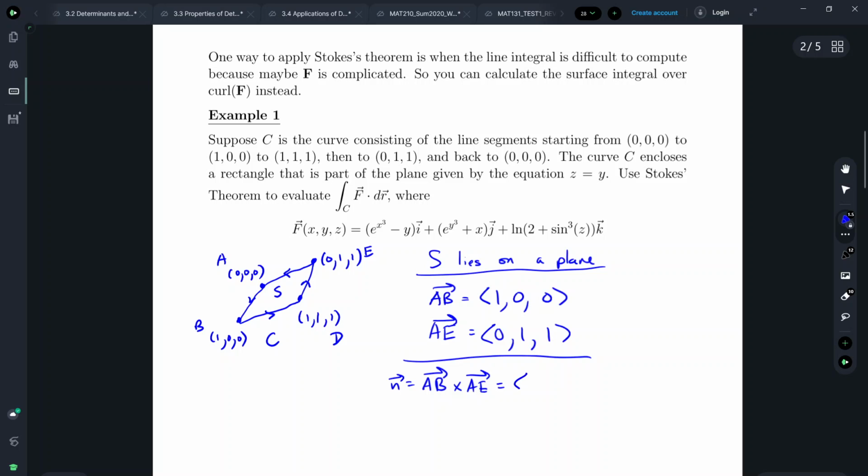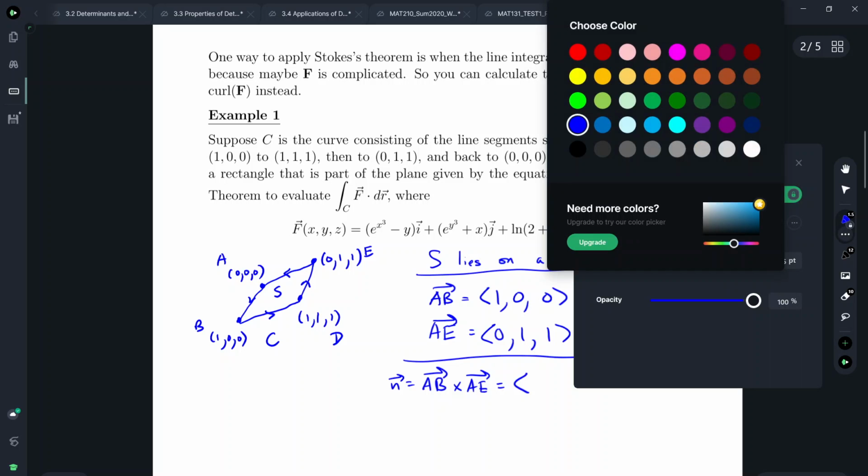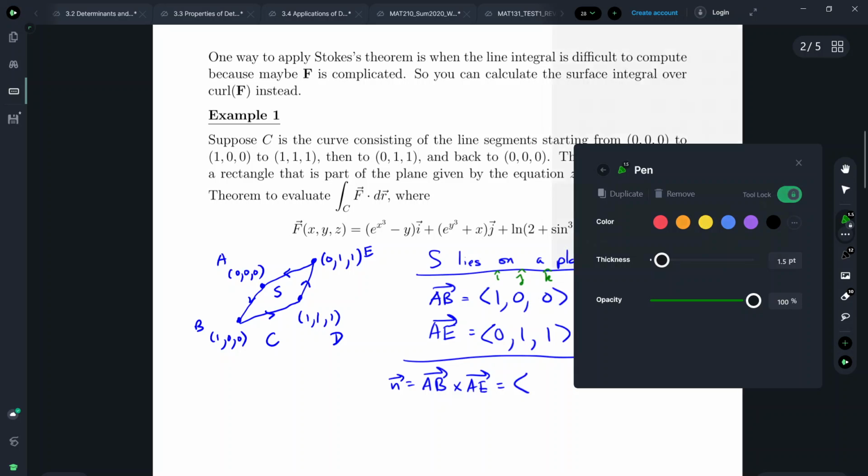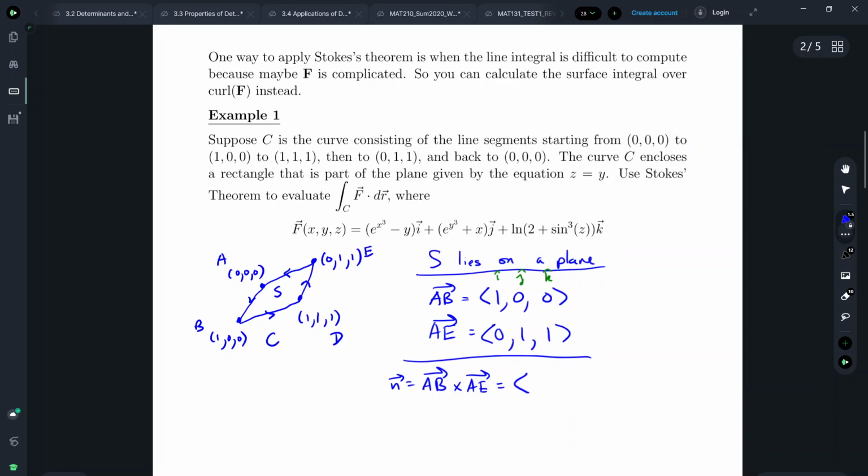To get the normal vector for the plane, let me just set up the determinant right above here. Right, so I need to calculate this cross product. So this times this is 0, and this times this is 0. So this is just 0 minus 0.